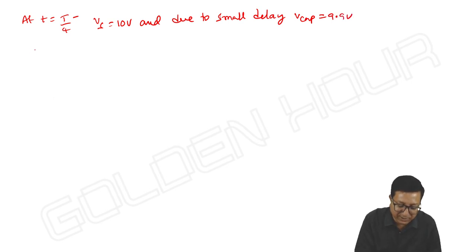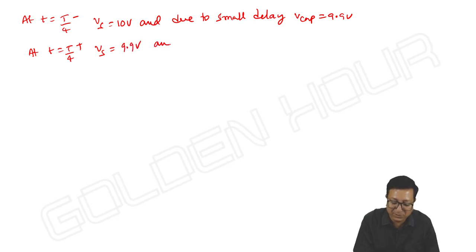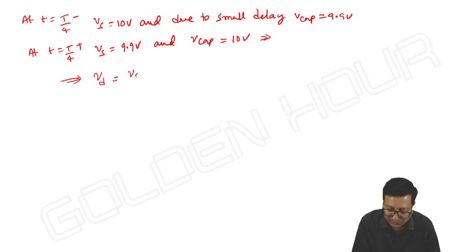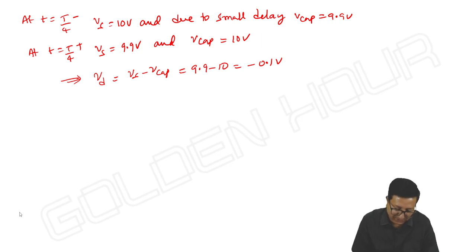And for t greater than t by 4, Vs is just falling below its peak amplitude, and by that time the capacitor reaches 10 volts. This implies Vd is equal to Vs minus V capacitor, 9.9 minus 10, equal to minus 0.1 volt. Implies the diode is immediately off.